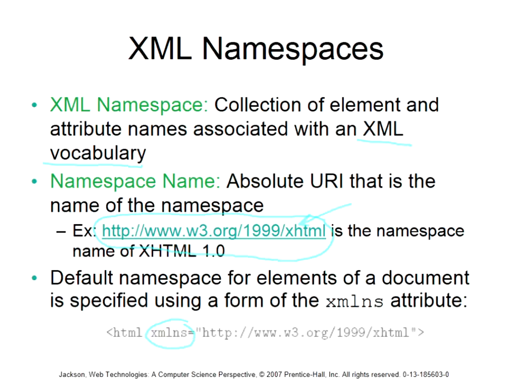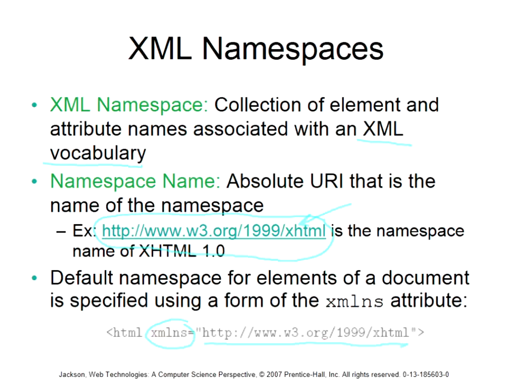In this namespace, I will find the a tag, img tag, src attribute, etc. So a namespace is a collection of element and attribute names associated with an XML vocabulary.